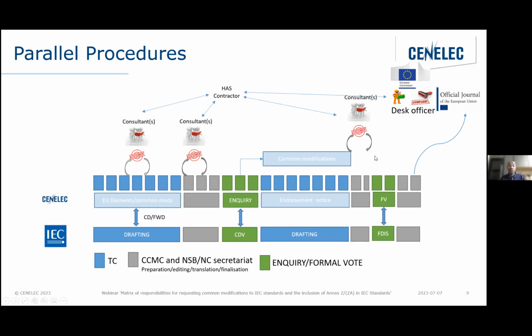There are several possibilities to request common modifications, and to help technical bodies understand and clarify what steps have to be done, depending at what stage the common modifications are requested and who should do the action, we have developed the matrix of responsibilities to further help technical bodies understand what steps have to be done and who should do the different steps.